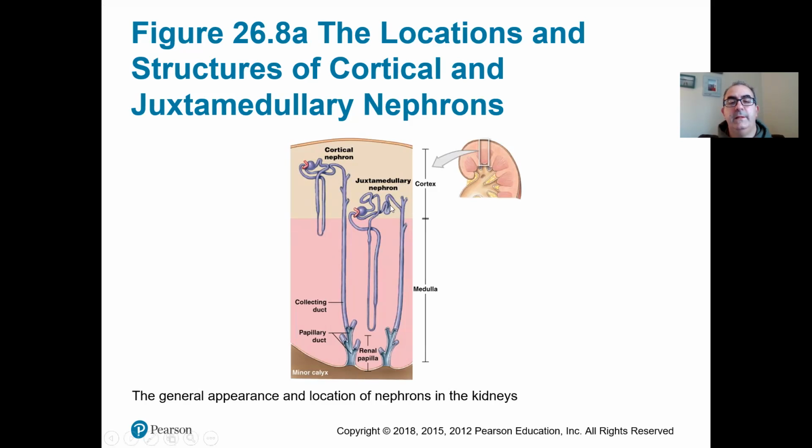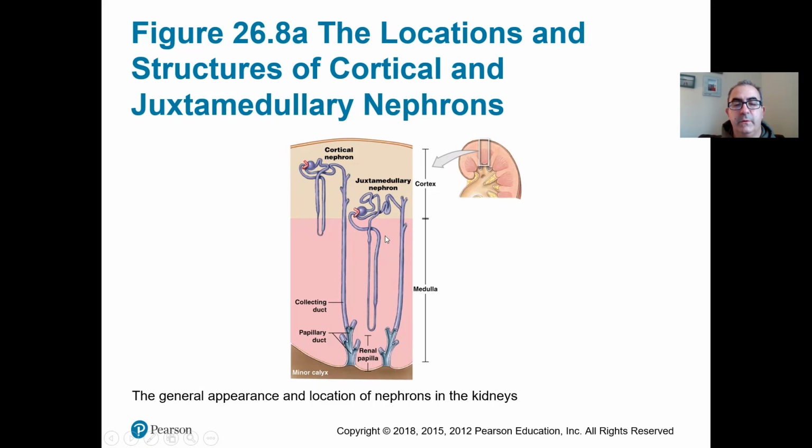There are some nephrons whose loops go way down into the medulla, like this one. Those are called juxtamedullary nephrons. Now, most of our nephrons are cortical. They estimate about 85% of them are cortical, but about 15% of them are these juxtamedullary ones.